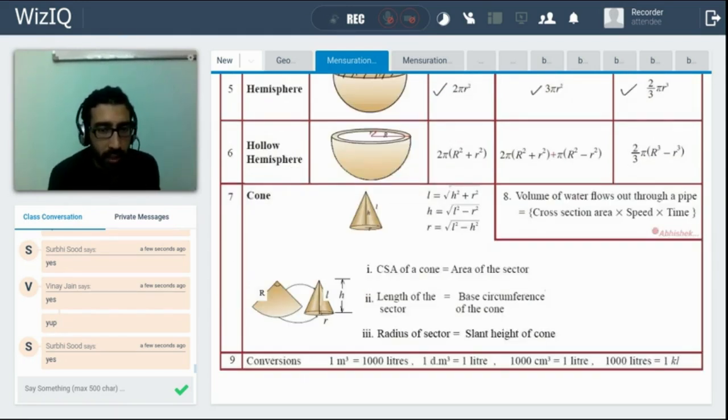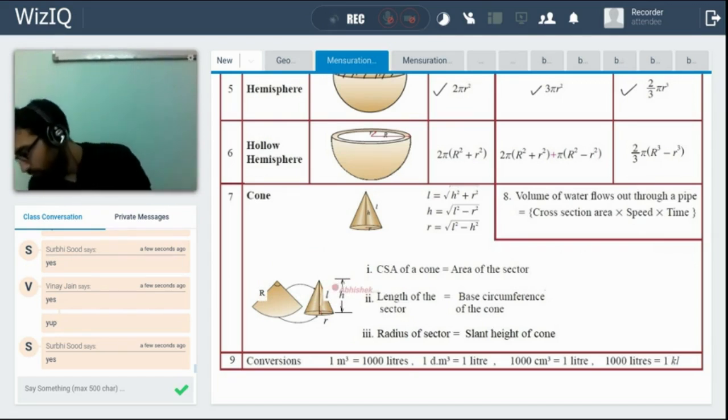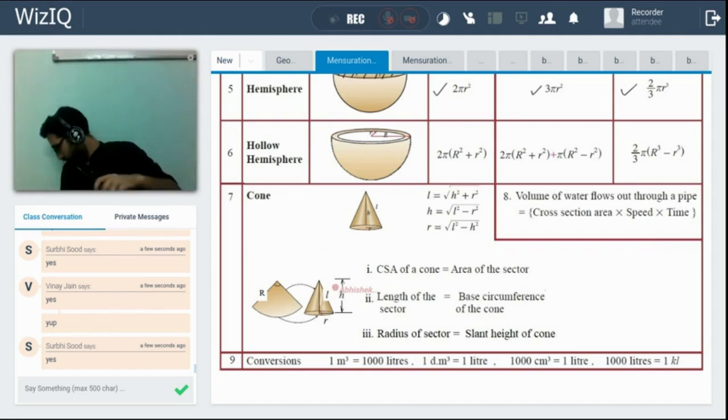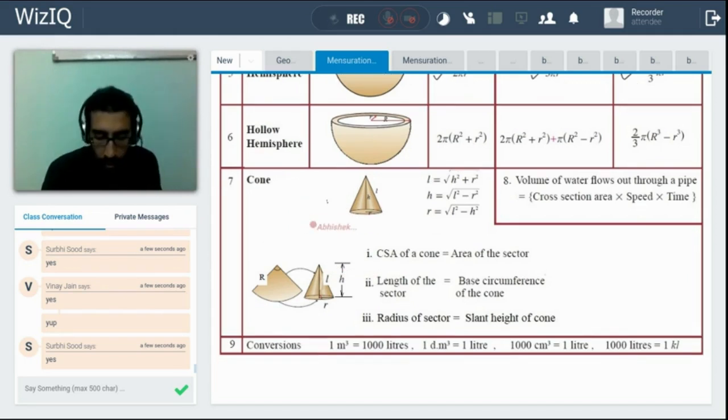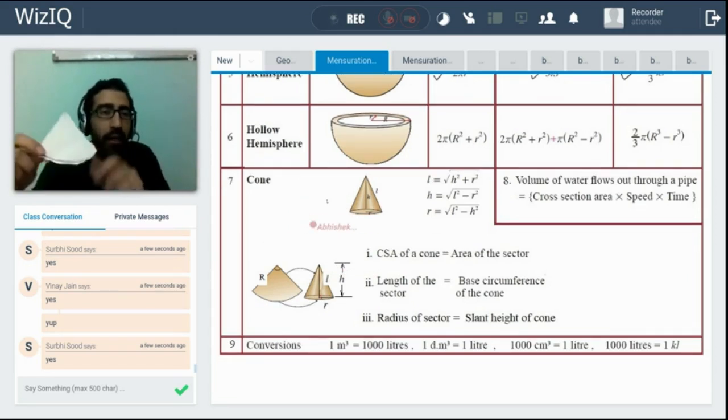Now what is interesting, and this is important also, is what happens when you try to mold a sector into a cone. Again, let me show you using my sheet of paper. I have cut this out.